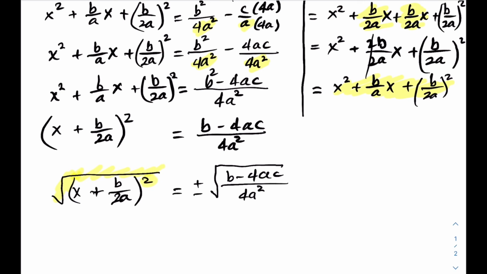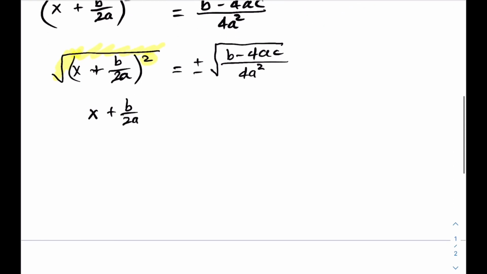The square root of a square, that cancels each other out, leaving you with the base, which is x plus b over 2a equals plus or minus.